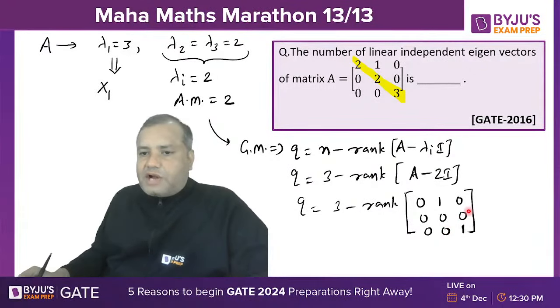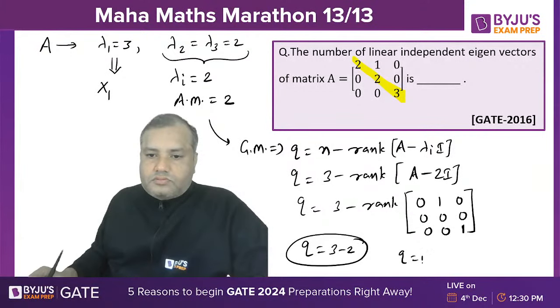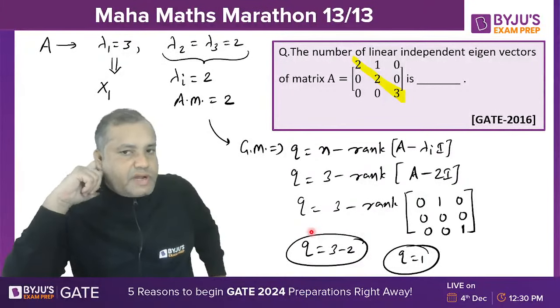If you interchange R2 with R3, you will find that the rank of this matrix is 2. So we have got geometric multiplicity as 1.